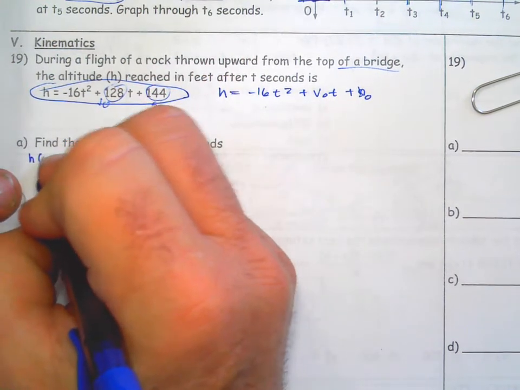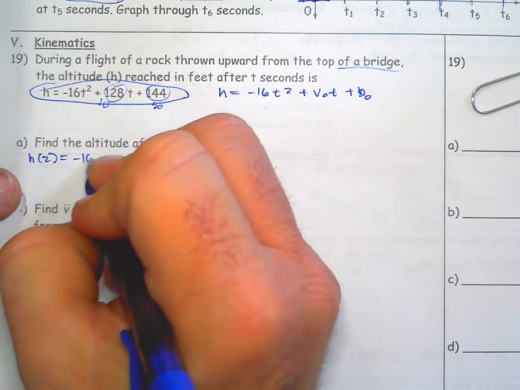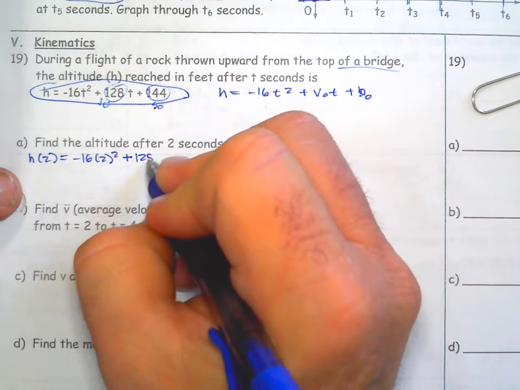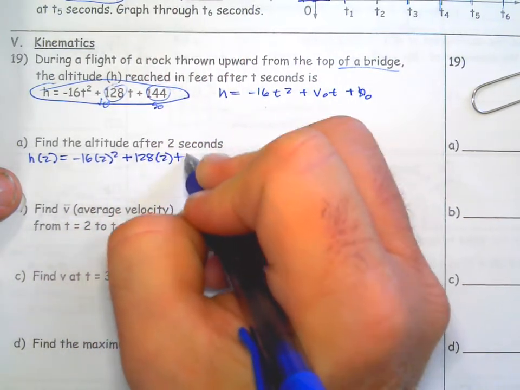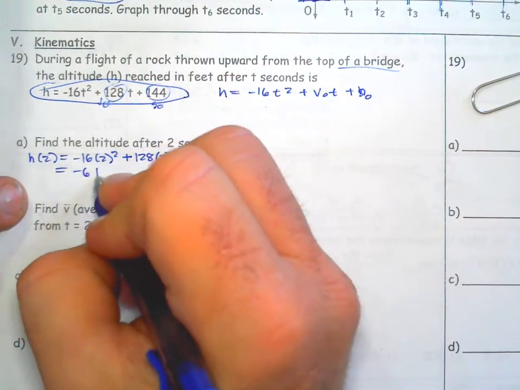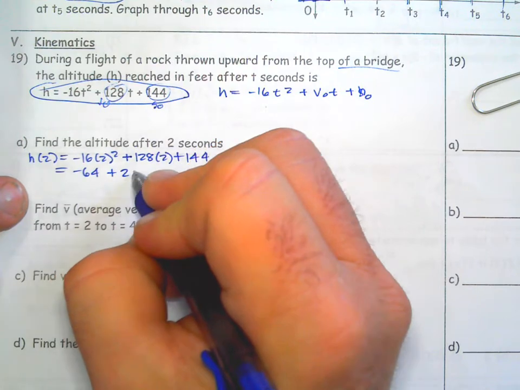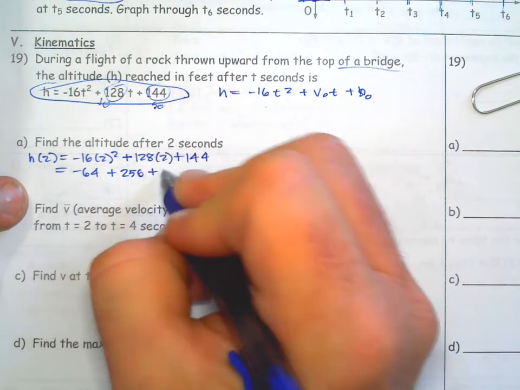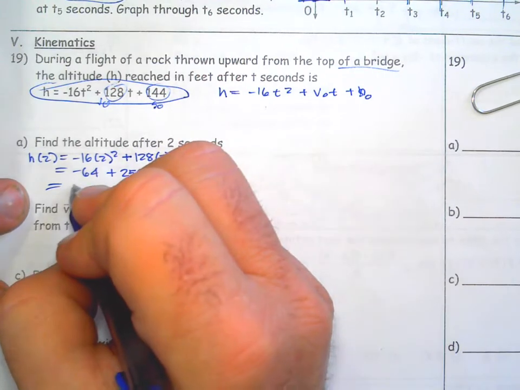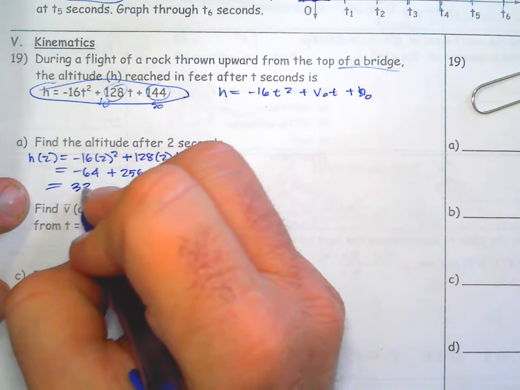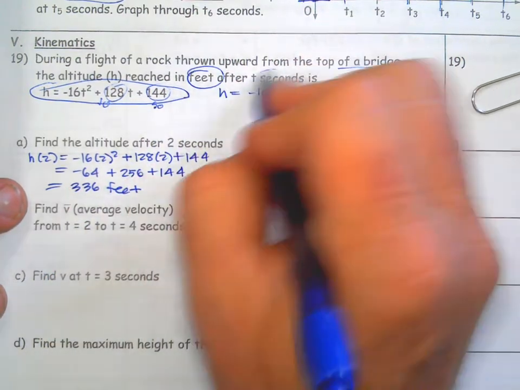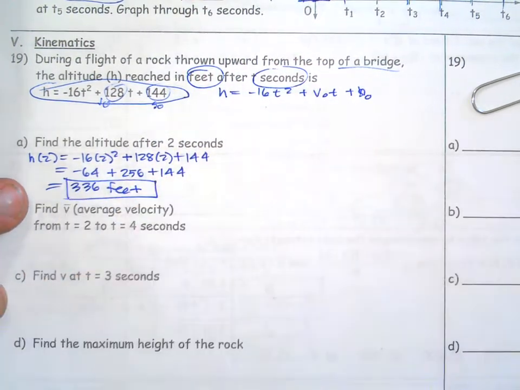So we just plug 2 into this. 4 times, that's going to be negative 64. 256 plus 144, so that's going to be 400. So it's going to be 336 feet. It does have units here, so these answers need units.